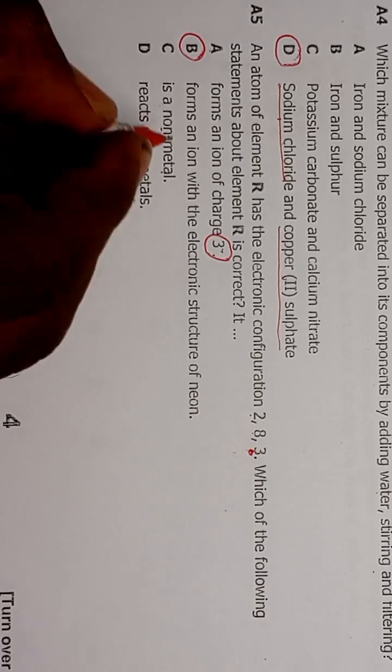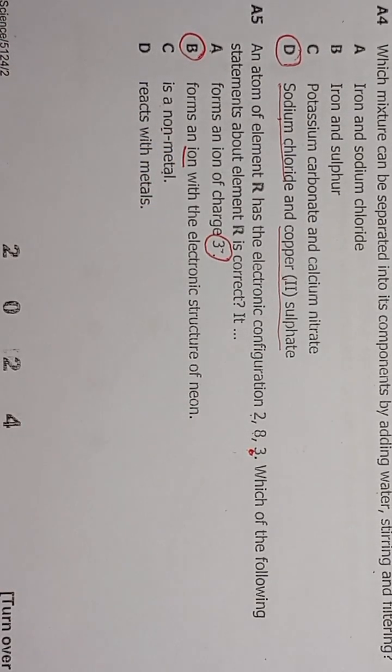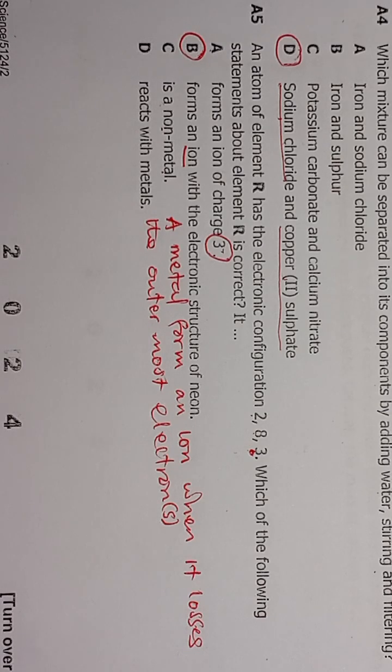It forms an ion with the electronic structure of neon. Let us defend our answer. What does it mean when we say that it forms an ion? A metal forms an ion when it loses the outermost electron or electrons.